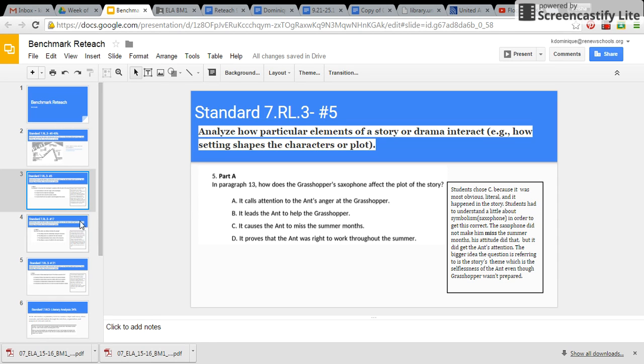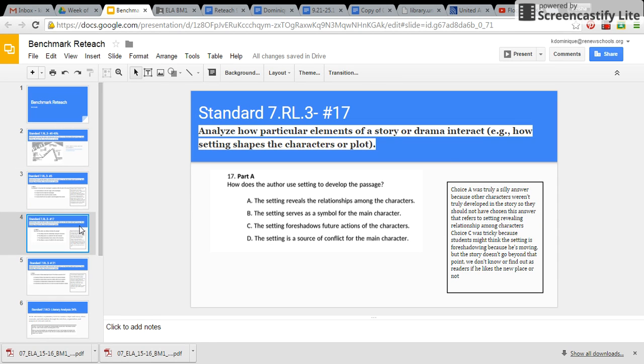Question number 17 says, how does the author use setting to develop the passage? Now, this question was about the story Drawing Goodbye, which was about Julius and moving to Baltimore. So you see right here in my teacher notes, it says choice A was truly a silly answer because other characters weren't truly developed in the story.